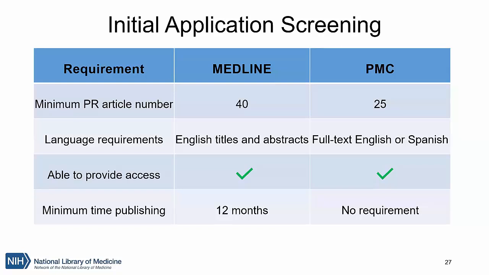Both should be able to provide electronic access according to NLM's electronic access policy, unless the journal is print only. And finally, Medline requires that journals have been publishing a minimum of 12 months, while PMC has no minimum.